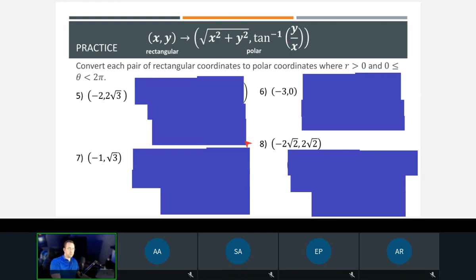So we're going to go ahead and set that up. Right, so that should look like that for your r value, radical of all that stuff.